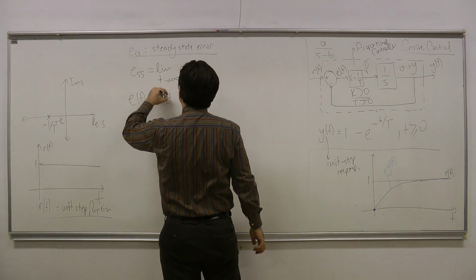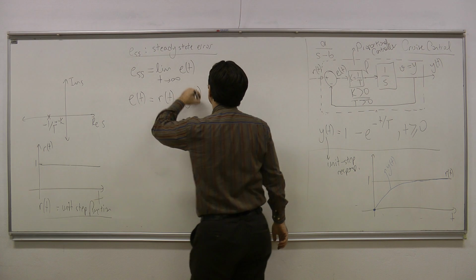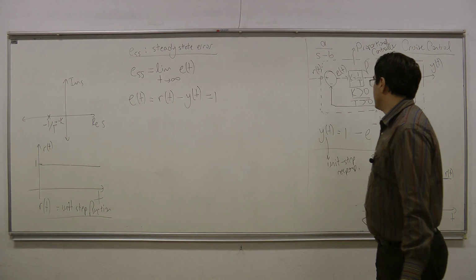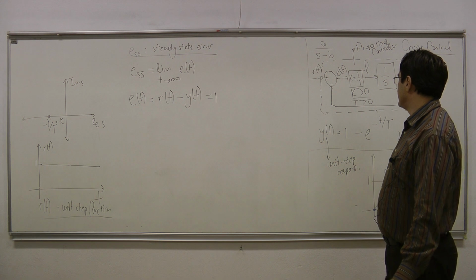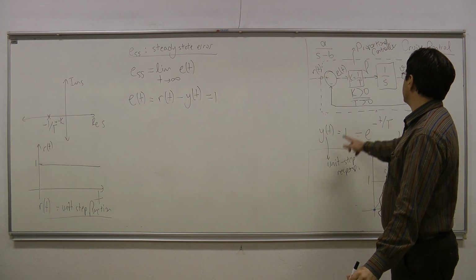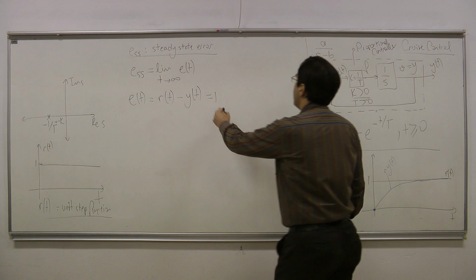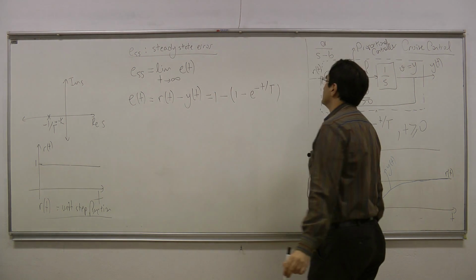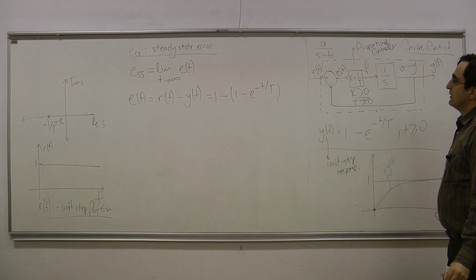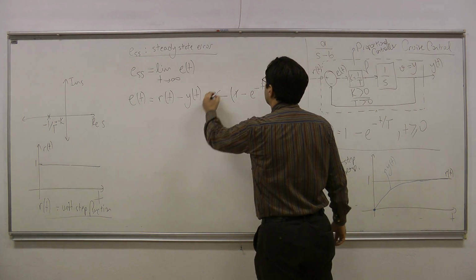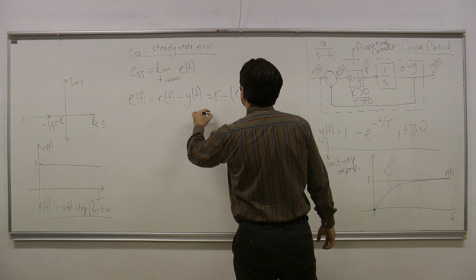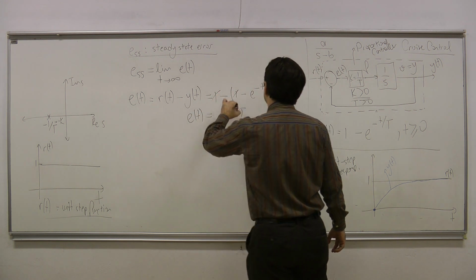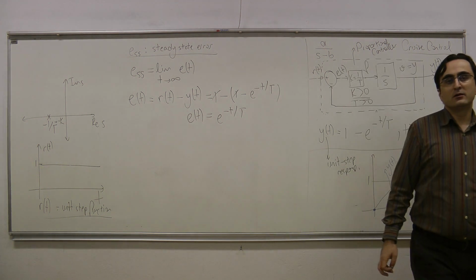It is r of t minus y of t. r of t is equal to 1 in the case of unit step response, and y of t is given as this function, minus 1 minus e to the minus t over T. Okay? And in this case, these ones are going to be cancelling, and I would have e of t is equal to e to the minus t over capital T. Okay?